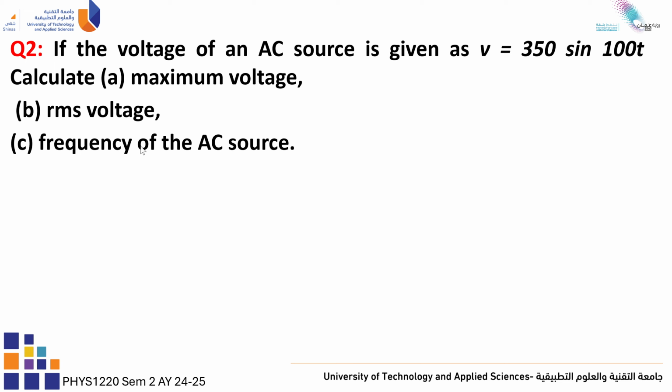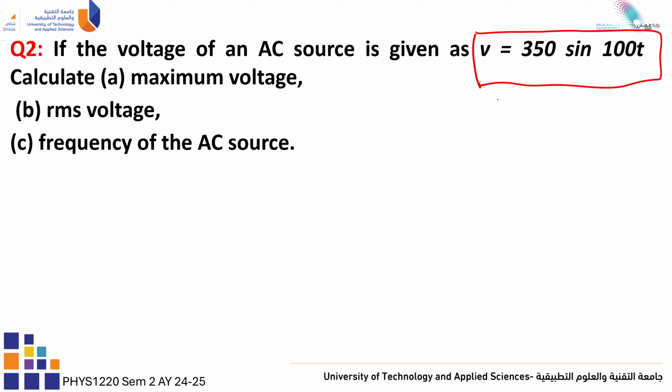Now question number 2: the voltage of an AC source is given in the form of an equation. Actually, here the number is not given in this question.